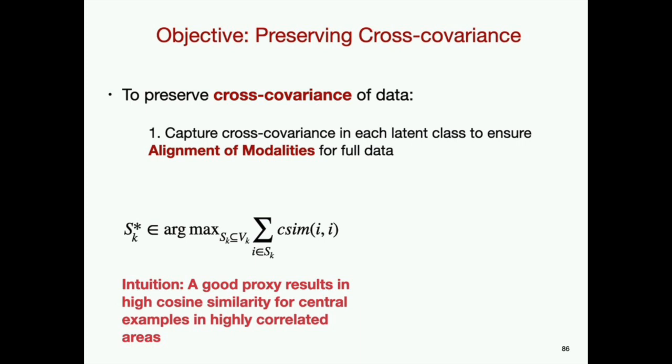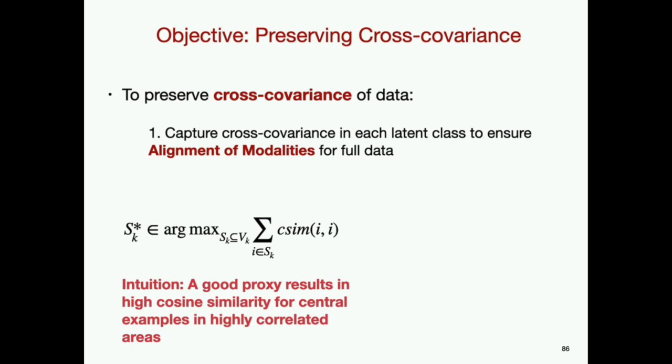The intuition behind this is that a good proxy model will result in high cosine similarity for the most central examples in different subgroups. So essentially what we're doing here is measuring the cross-modal similarity of an example to itself. So it's the cosine similarity of the image representation and the caption representation of a pair itself.